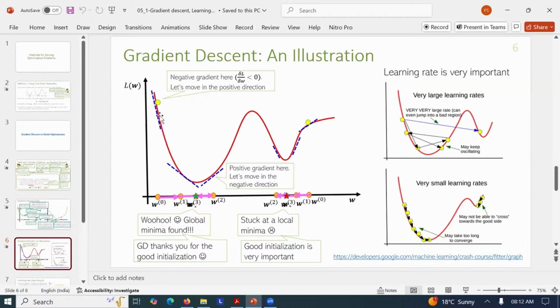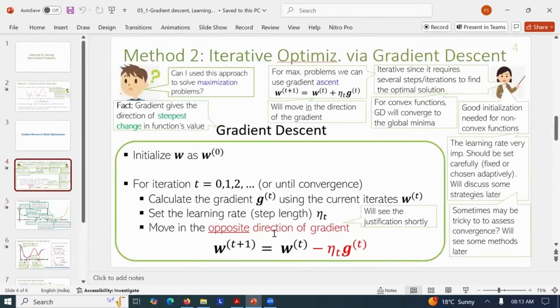Here the direction of the gradient is negative, so we should move in the positive direction. On this side the direction is negative, so the opposite of negative is positive, and we move in the positive direction to reach this location. So if we are minimizing something, we move in the opposite direction of the gradient.